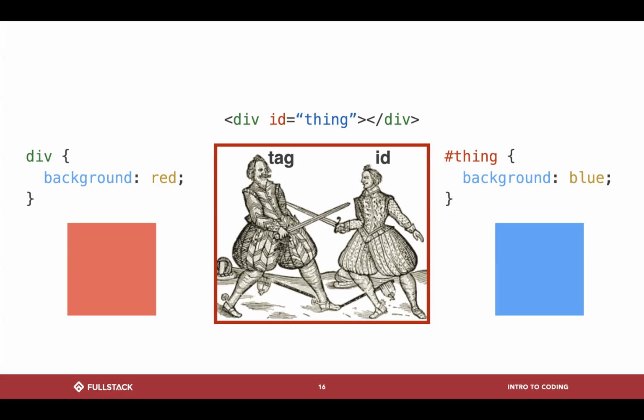If we look at this example here, we have an HTML element, div. That div has an ID attribute called thing. Then we have two CSS rules, one on the left, one on the right.